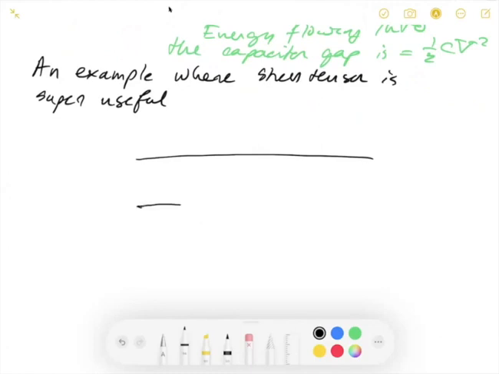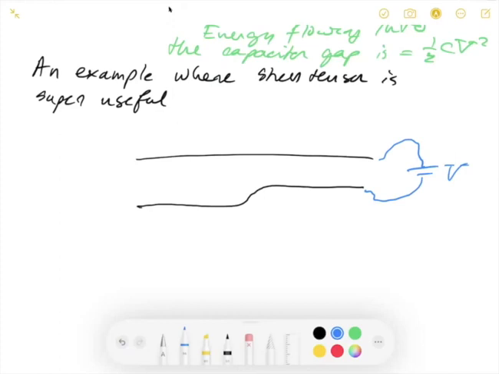So we're building it like this, and we make it do something like this. We're connecting both with a circuit, so we have some kind of a battery here. So we know that they're going to be at the same potential. Let's call that potential V.